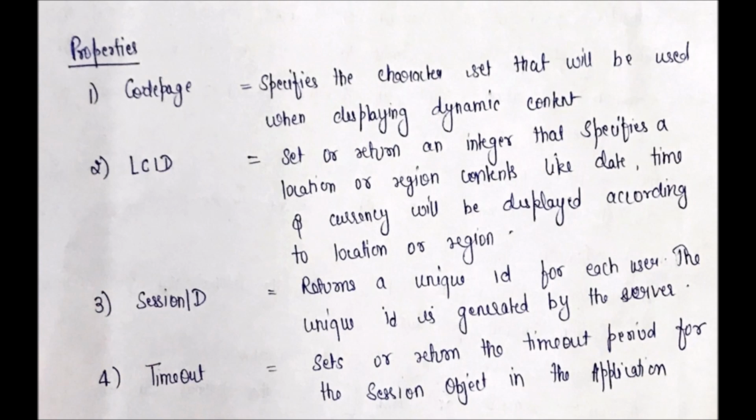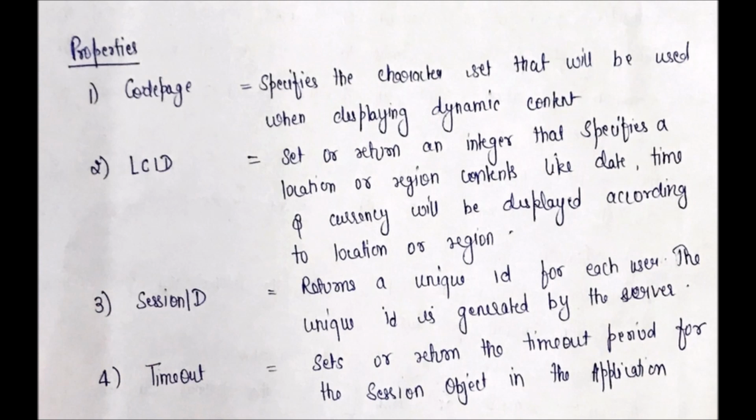It is used to set or get the locale identifier of the page that is sent to the browser. For example, it sets or returns an integer that specifies a location or region, so that contents like date, time, and currency will be displayed according to the local location or region. The third is SessionID.